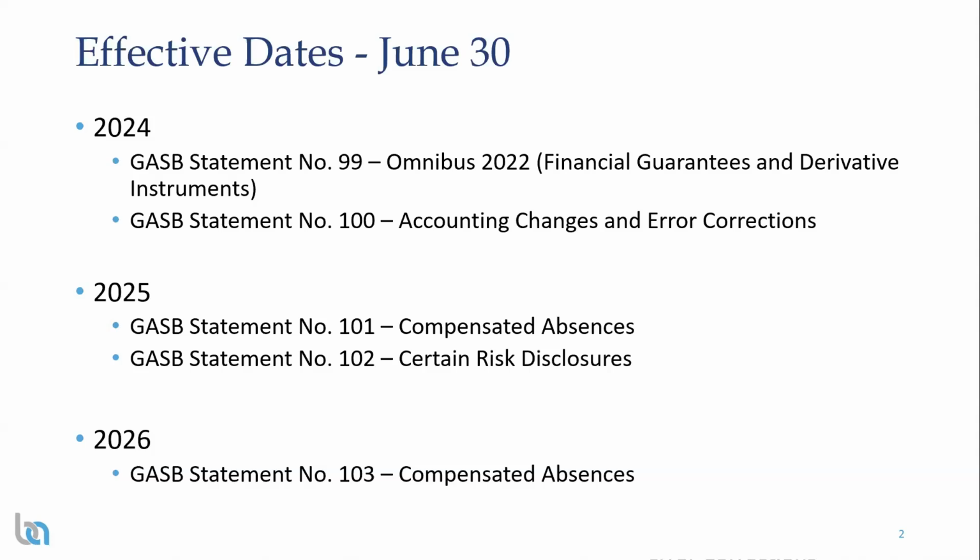Even though we listened to so many presentations and so many of the things they were planning on doing, short-term and near-term and governmental funds, all of that got scrapped, which I guess is good for you. Now GASB 103 is really focusing on just improving the existing model in a few areas, specifically focusing on the MD&A. So we'll talk quite a bit about that and we'll give some examples.